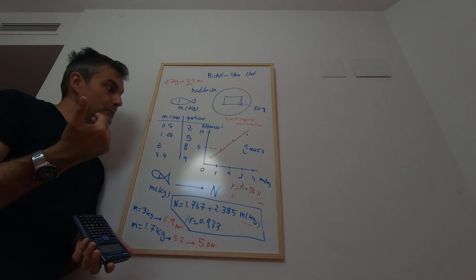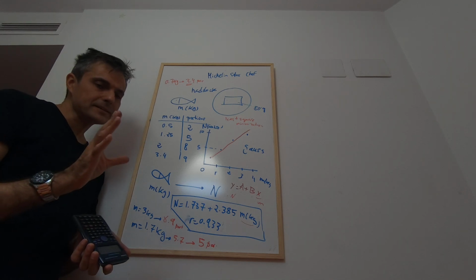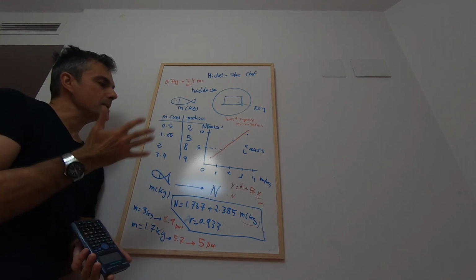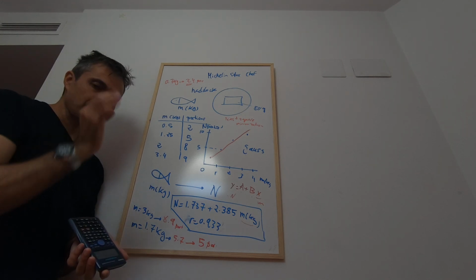So how can we do this with only 4 points? It's a bit risky, and the database should be larger, but it gives you quite a good estimation.